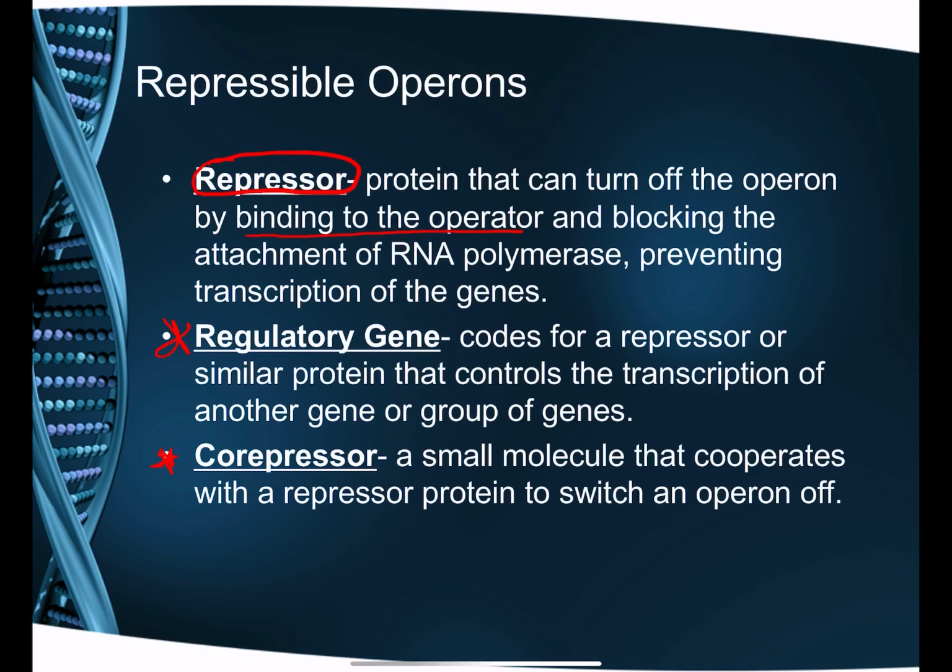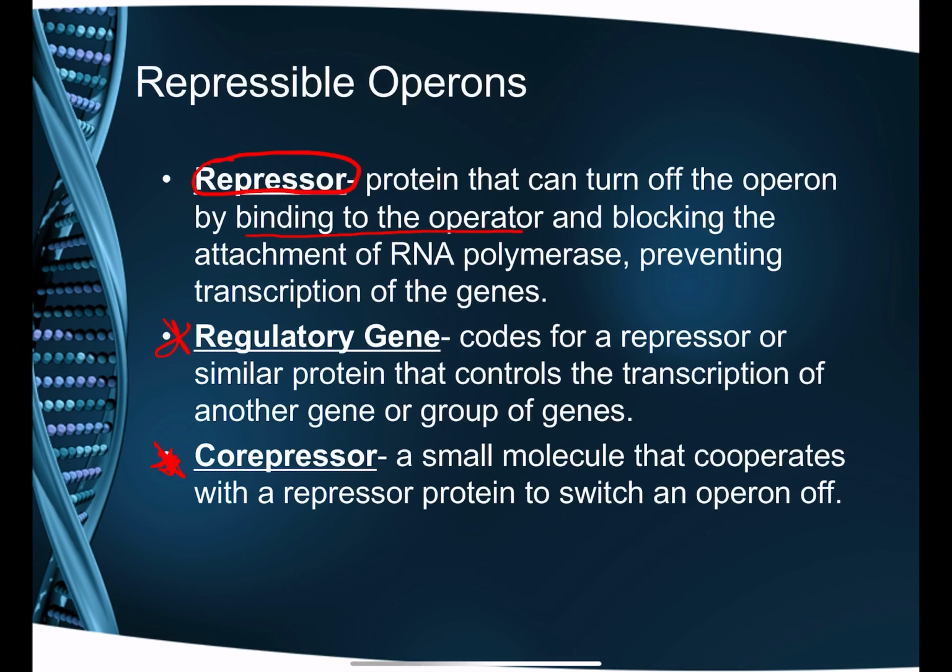Now, generally, we are going to have repressors in low levels in the cytoplasm at all times, okay? But that's not a problem because, again, like I said, you have to have the co-repressor to actually activate the repressor to be able to stop the transcription. And I'm going to explain that a little bit more in just a second.